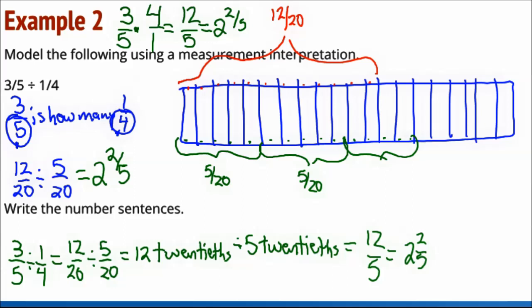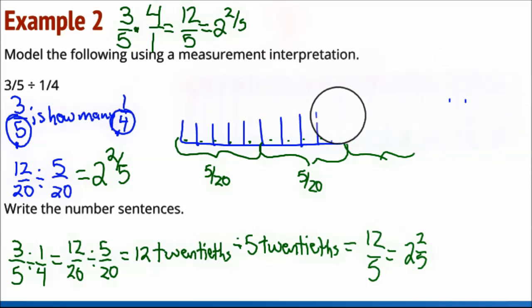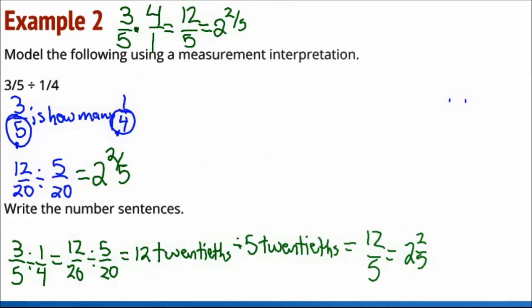So the first thing we did is we found common denominators. So I'm going to do a little bit of erasing here and walk you through the thought process to connect this to multiplication. So we've got 3/5 divided by 1/4. And the first thing I did then was find common denominators.